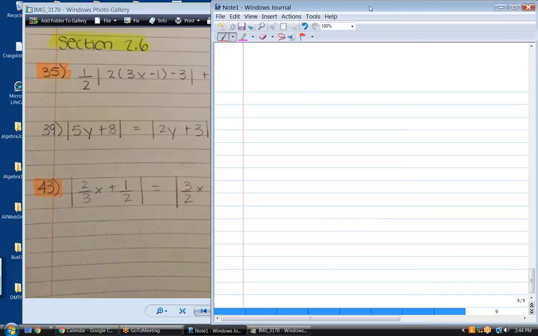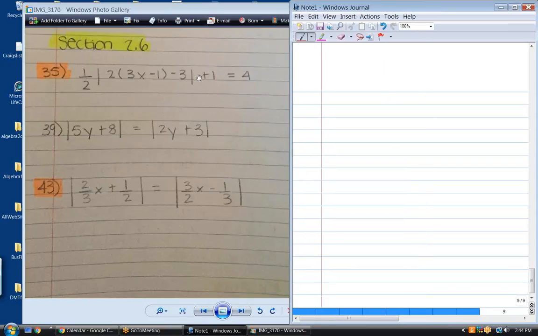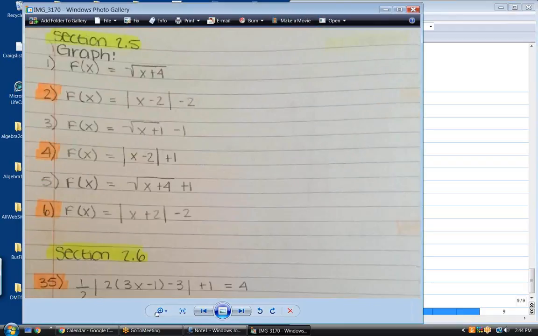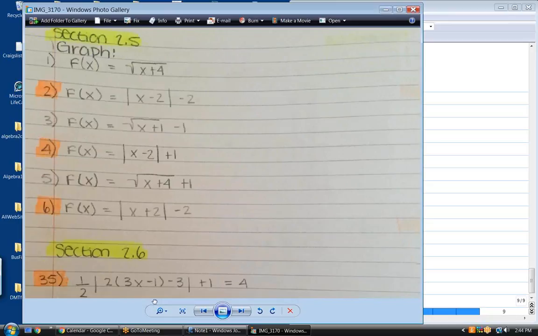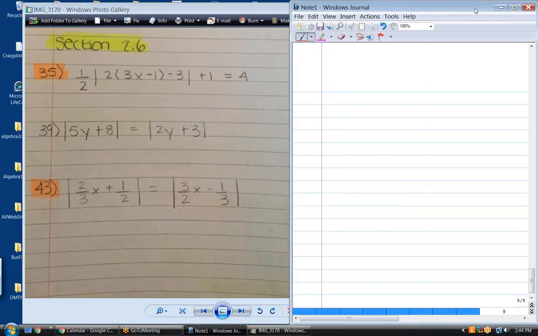That is problem 35, right? Oh, maybe this is not graph it, but solve it. Yeah. No, I don't see any directions saying graph. The previous section was graph them. Okay, so what we're doing is solving this. That's okay. That was my fault, not reading.